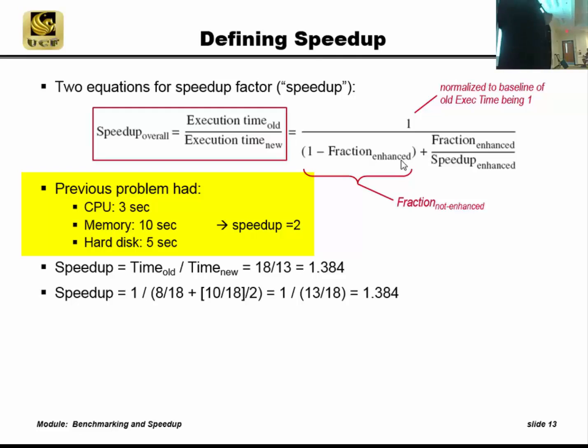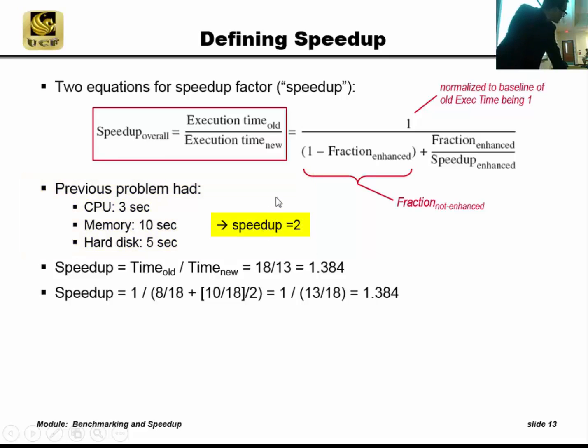So let's go back to the computer example that we had. We had 3 components of execution time in this abstraction. CPU time was 3 seconds, memory was 10, hard disk was 5 seconds, and the speedup factor was 2. So we calculated last time that the new execution time would be 13 seconds. Another way to calculate it, you can use Amdahl's law in this formulation using the speedup factor.